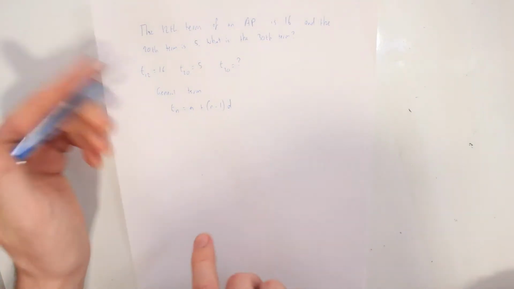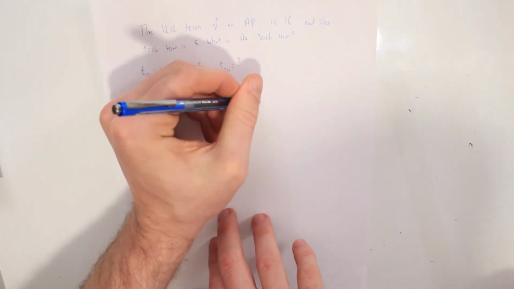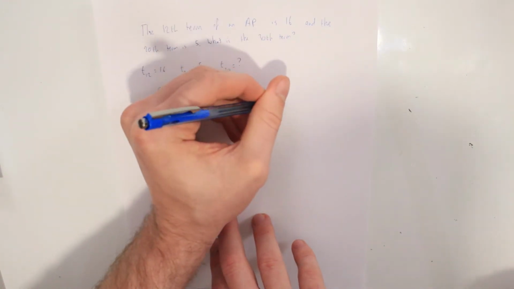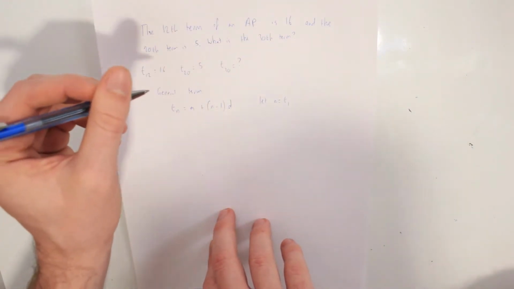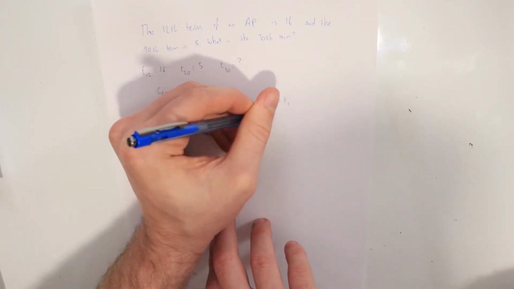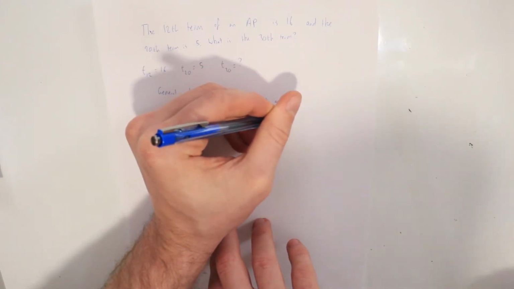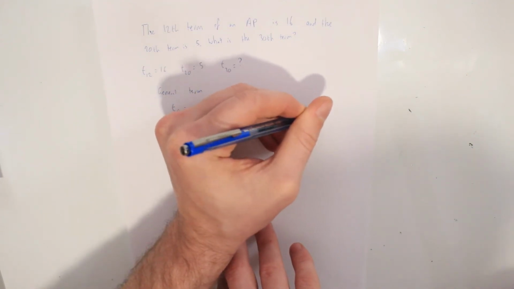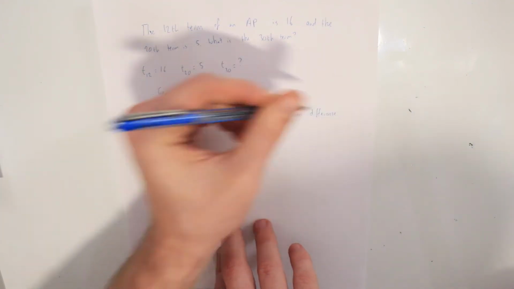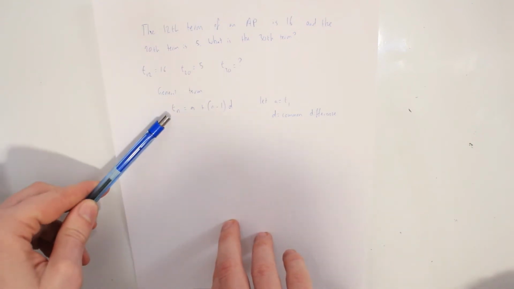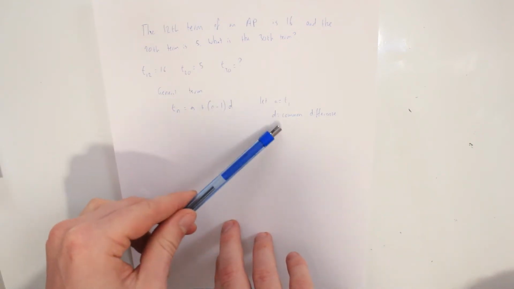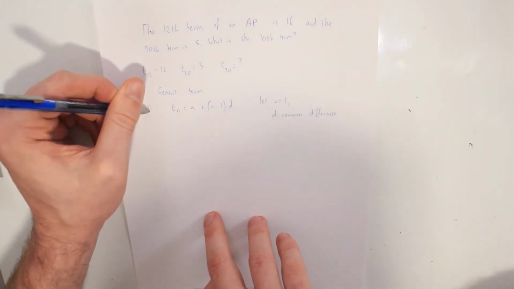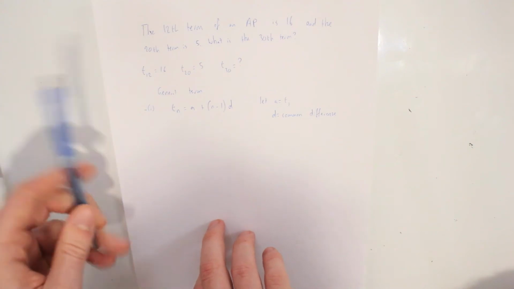In this situation we're going to let A equal our first term, and we're going to let d equal the common difference. So we've got our general term and we've defined what our variables will be. We can call this equation 1, or equation I.